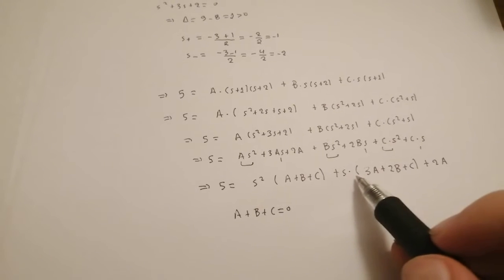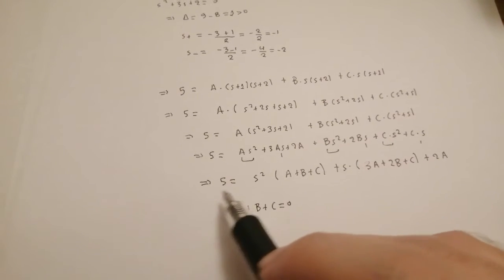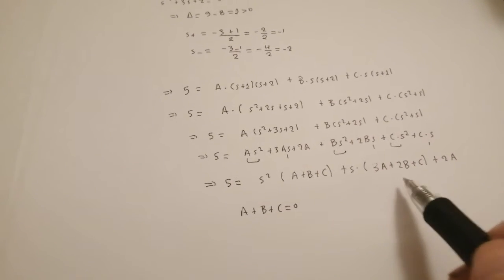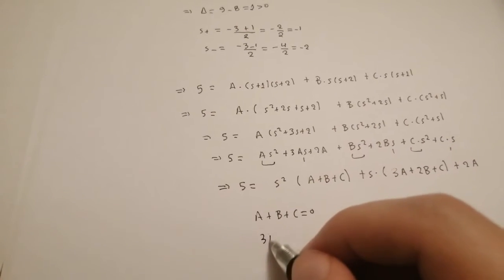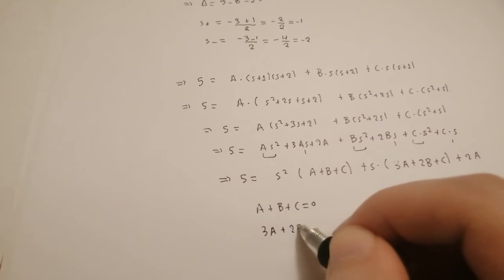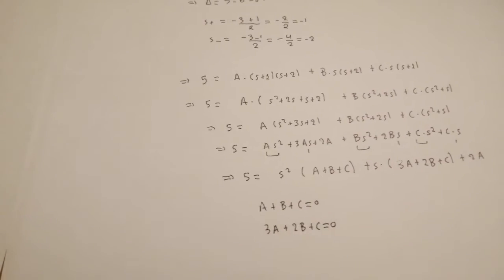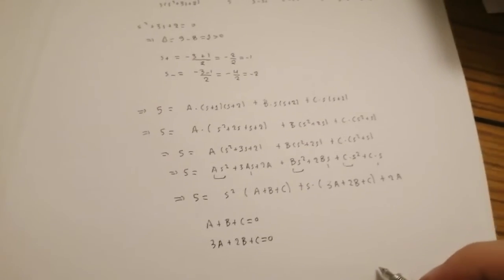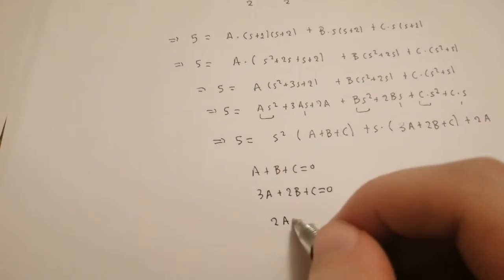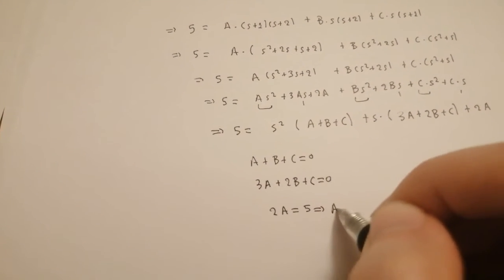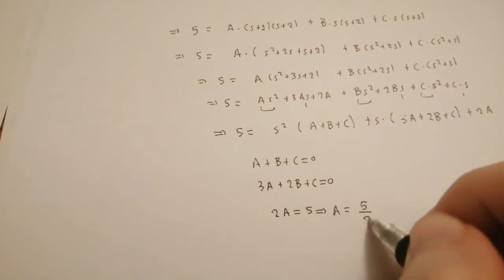Also the terms associated to s are non-existent on the left hand side, so in addition, 3A plus 2B plus C is equal to 0. And last but not least, 2A is equal to 5, so A is equal to 5 over 2.